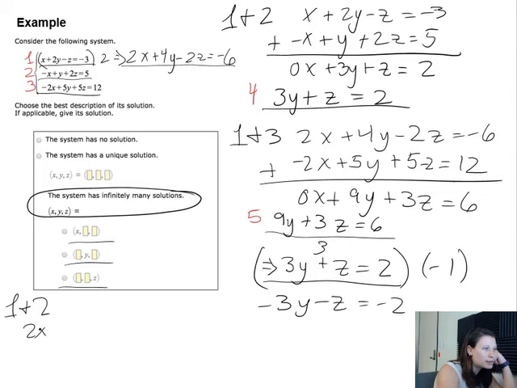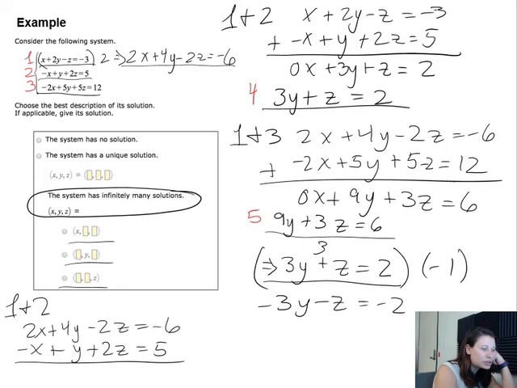So we have 2x plus 4y minus 2z is equal to negative 6, and we have negative x plus y plus 2z is equal to 5. Let's add those together. So we get x plus 5y, no z's, is equal to negative 1.